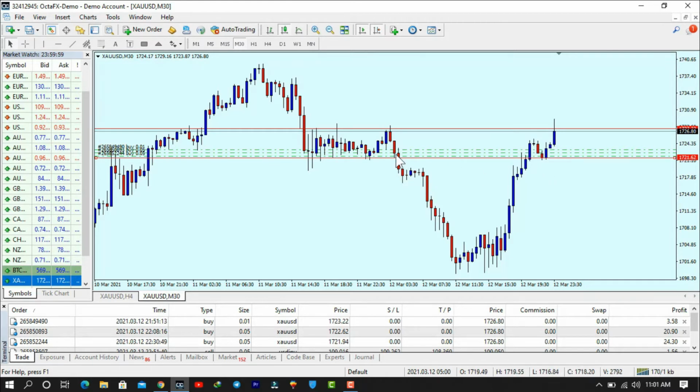Right here, when we broke the support, it didn't respect it strongly as a resistance, and it continued and broke it. When it broke, there was high momentum from the buyers. It was high pressure from there, and when it reversed and retested this level, we bought again. We entered some trades again.